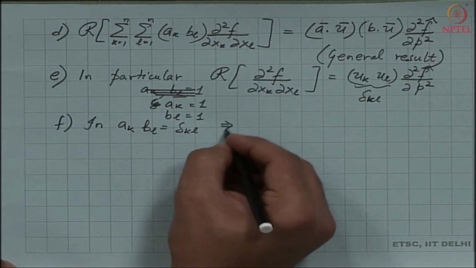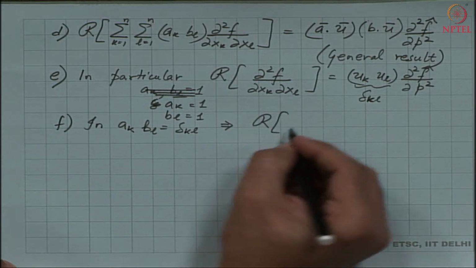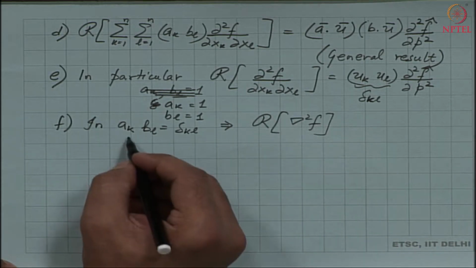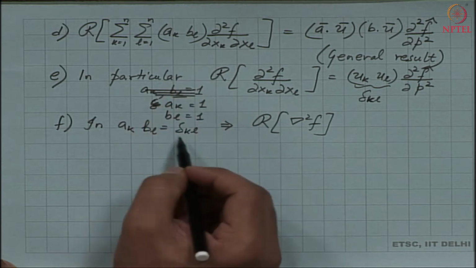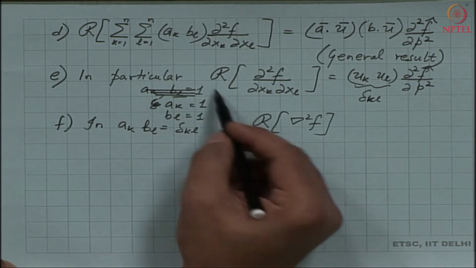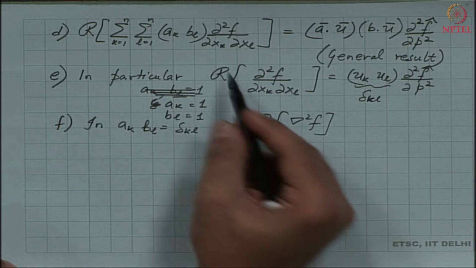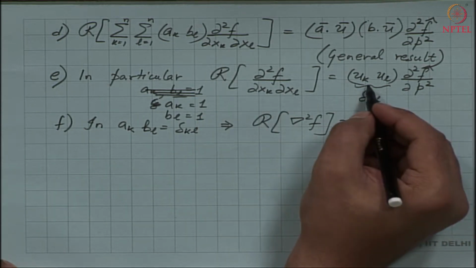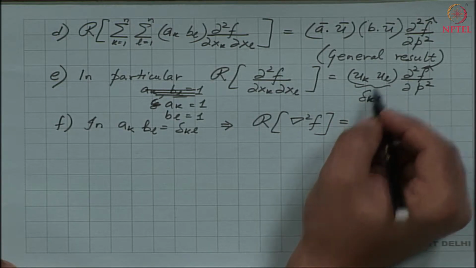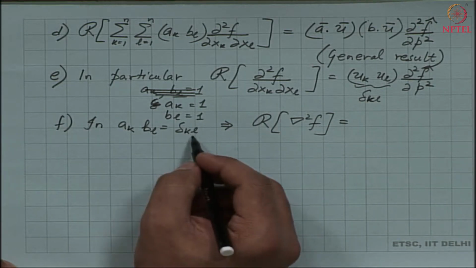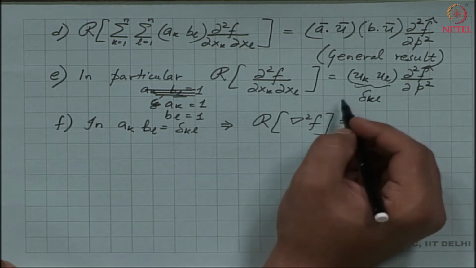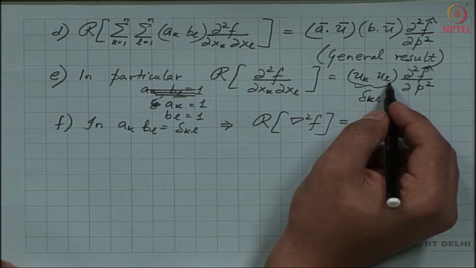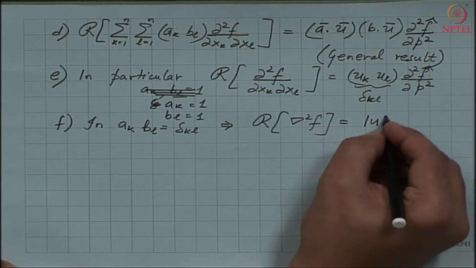Then in that case my Radon transform of the Laplacian of f, notice that if a k times b l in this summation can be replaced by the delta function, then the Radon transform changes to the corresponding Laplacian, and that will be equal to u k times u l. So, replacing u k and u l by its magnitude times its direction, I get that this is also equal to mod u square.